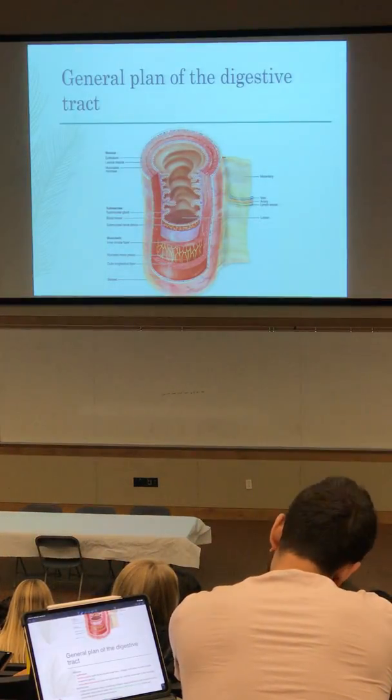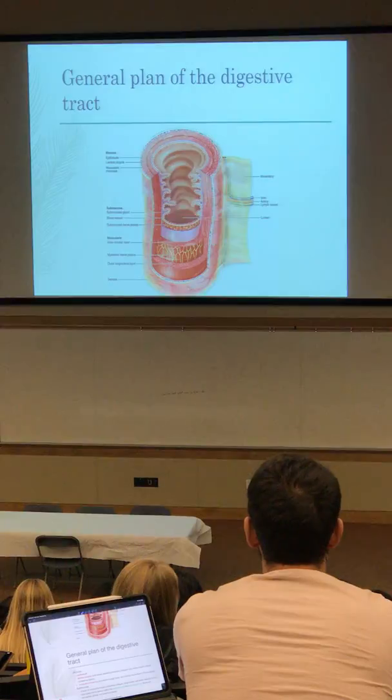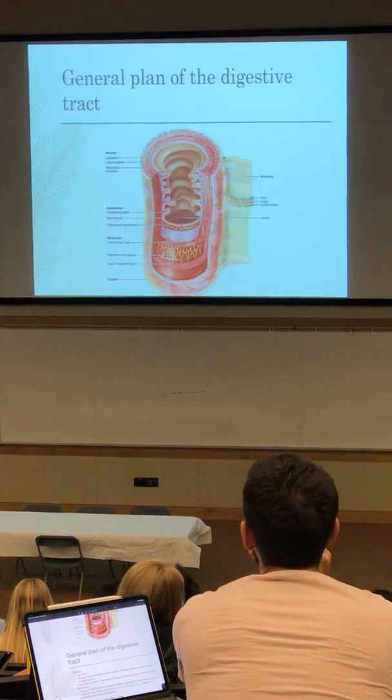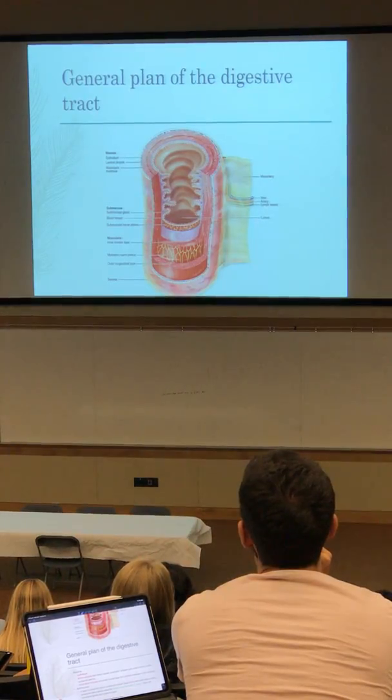Now this picture is low magnification, so we don't really see that on this image, but I'll show you on other pictures. And then, under the muscularis mucosae, we have the submucosa, which would be equivalent to the hypodermis in the skin. Okay? So it's not part of the mucosa, it's under the mucosa, so we call it submucosa.